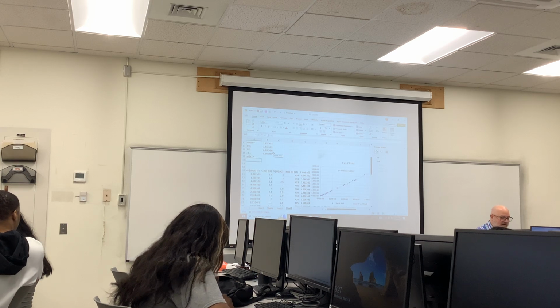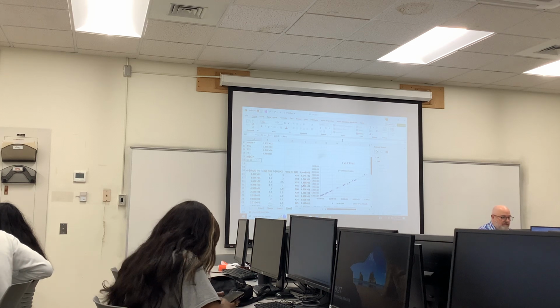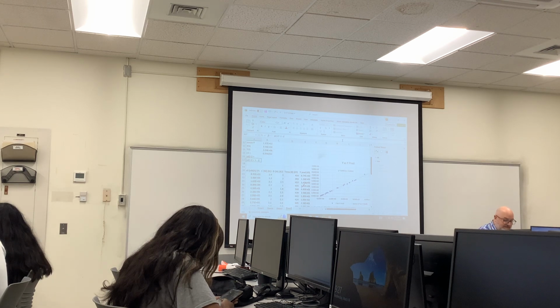I'm just going to write the equation in here. Adjusted R squared equals 1 minus n minus 1, this is the numerator, n minus 1, divided by n minus 1 minus p, times basically 1 minus R squared.